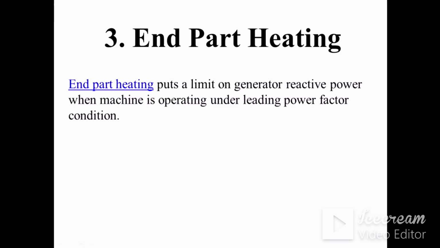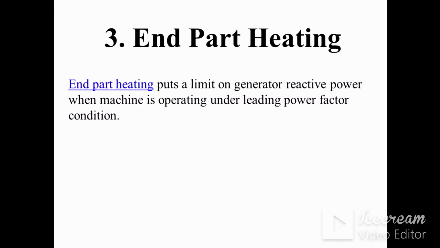Also, during the under excited condition, the flux produced by the armature current adds to the flux produced by the field current. So your end turn flux finally increases, and due to the increase in the end turn flux, the eddy current induced into the end ring of the rotor also increases, and thus the heating also increases.